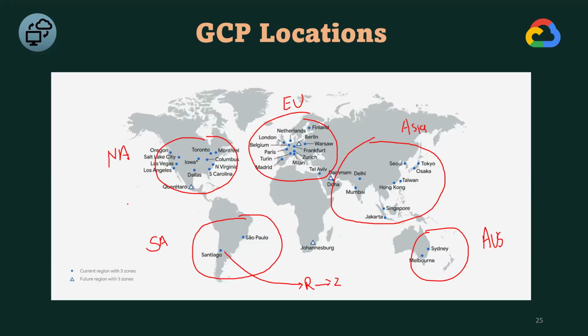That is the reason Google has divided its entire infrastructure into this many locations, so that each and every company, each and every user can access the GCP resources throughout the world. That is the main intention, so that these resources are highly available and easily accessible within GCP's data centers throughout the world at any location. That is the main intention of dividing the infrastructure into locations, and locations into regions and zones.